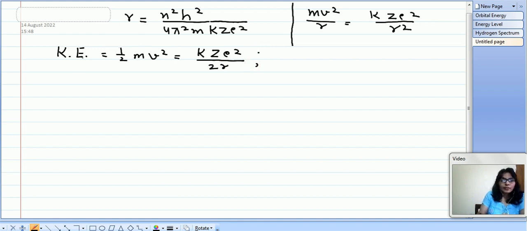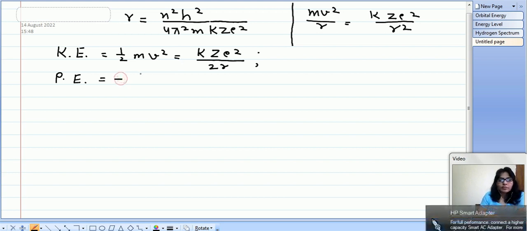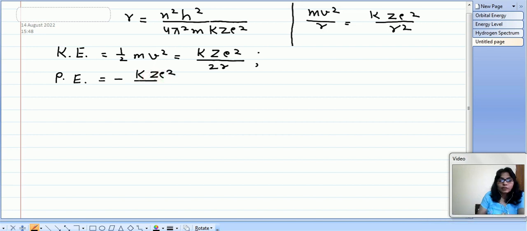Then let us write the value of potential energy. The potential energy means it will be the Coulomb interaction between electron and nucleus. So this will be minus k z e square upon r, that is, minus k q1 q2 upon r. This is the potential energy.